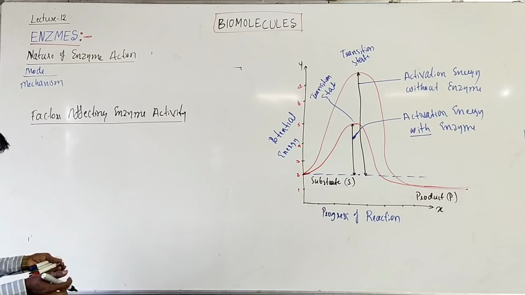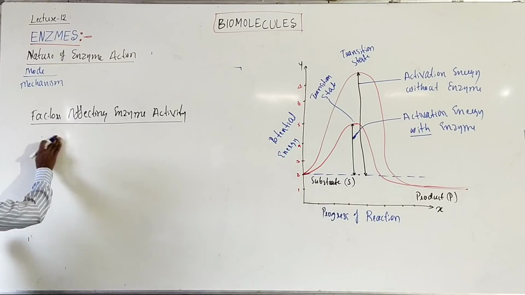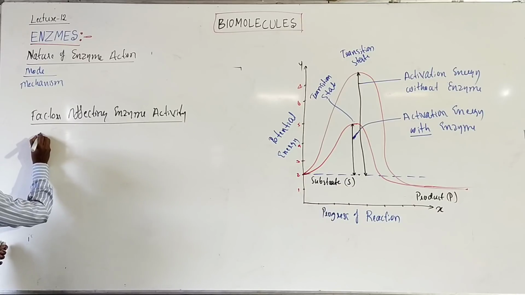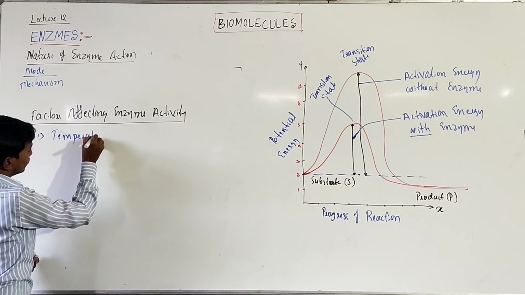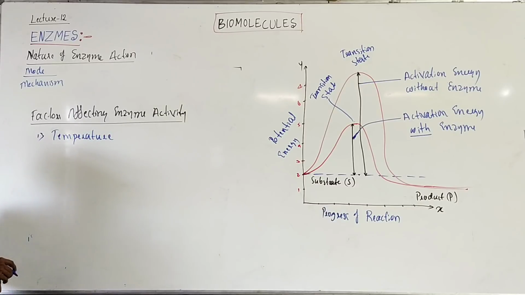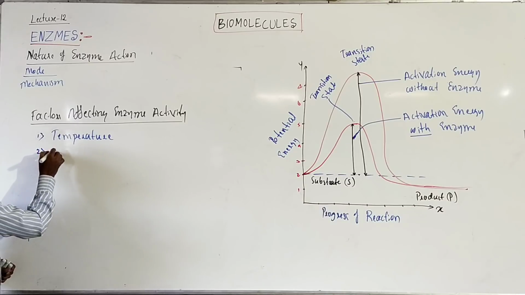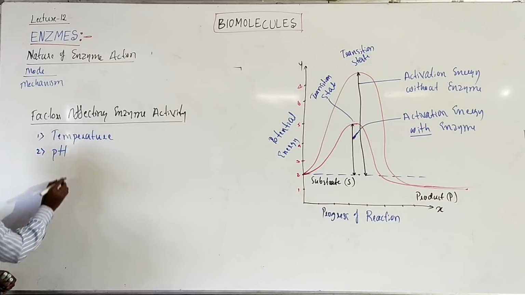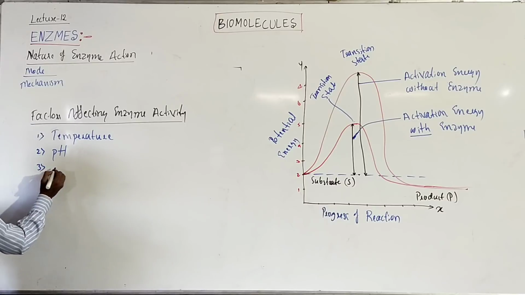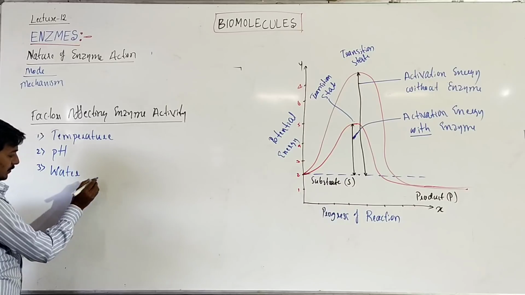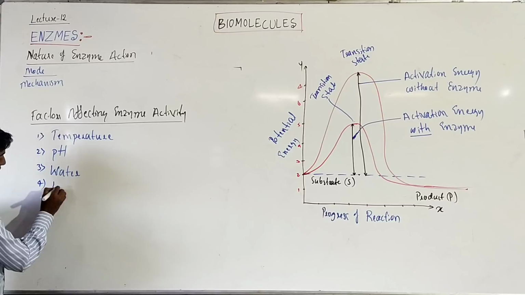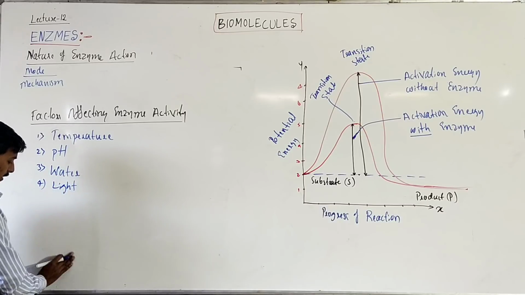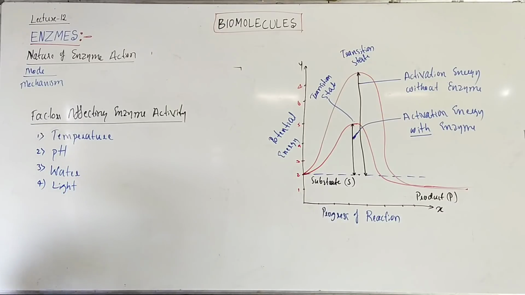I'll explain in tomorrow's class. Firstly, first factor, we have temperature which will affect the enzyme activity. We have pH also affect the enzyme activity. We have the water, and we have light intensity which also affect the enzyme activity.